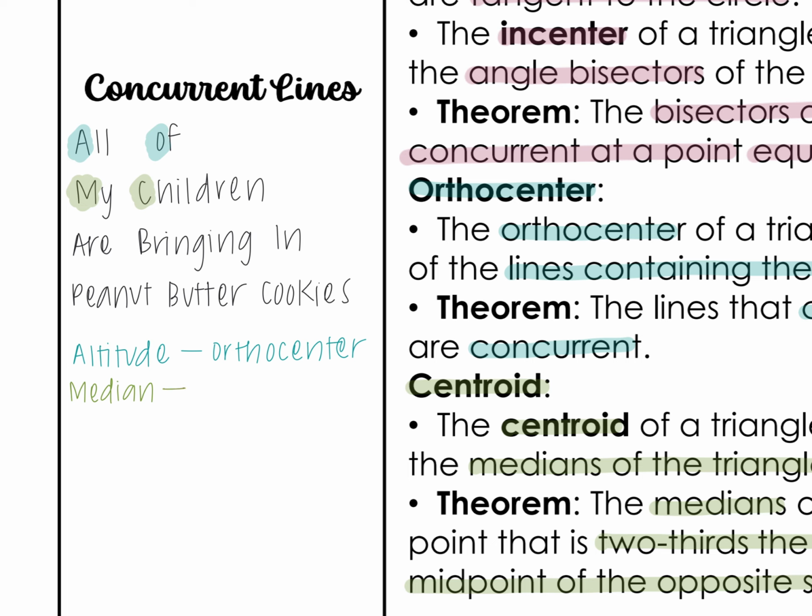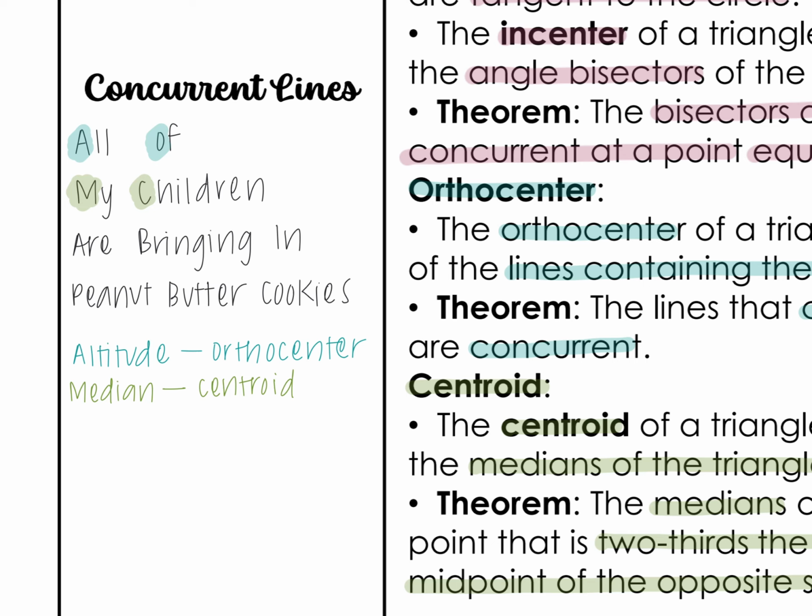And then we have "children," which starts with a C. There are 2 centers that start with a C: the centroid and the circumcenter. My trick is, with the 2 C's, look at the length of the segment. Median is a shorter word, so that's going to go with my centroid because it's a shorter one. Circumcenter is longer, so that's going to be paired up with our longest one, the perpendicular bisectors. So my centroid is going to go with my medians.